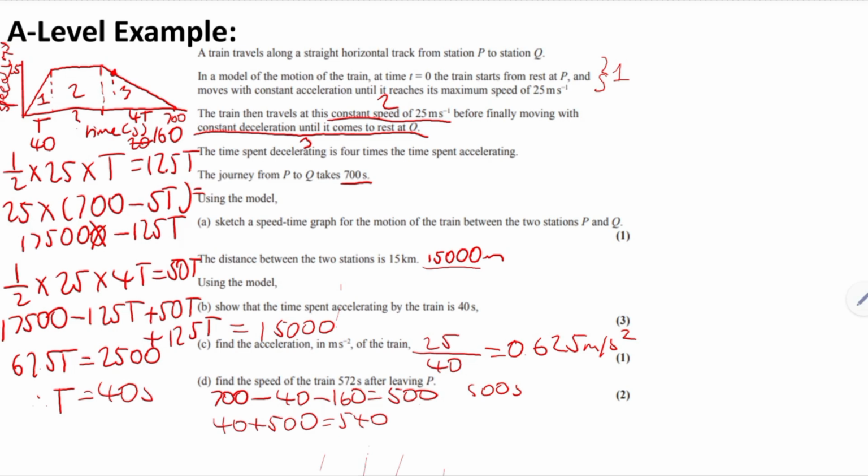And for the time taken between the start of the deceleration and the time the question is asking for, we need to do 572 take away 540, and that will equal 32 seconds. So the time that's gone into the deceleration section is 32 seconds.